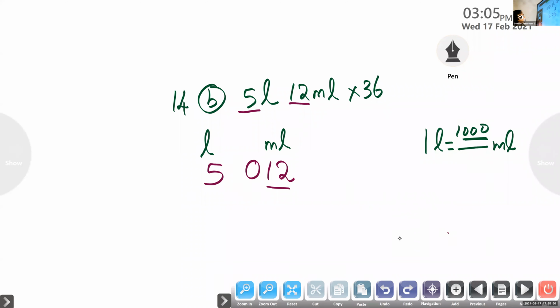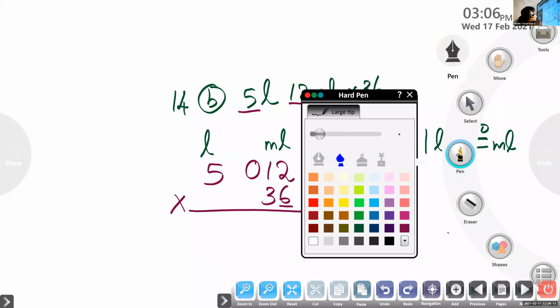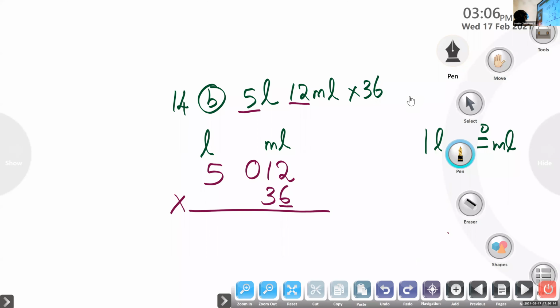Now you can start your multiplication as usual. Multiply 36. Do alone. Start with the 6 and 2. 6 multiplied with 2. Yes, Amal Fayaz. 6 twos are 12.